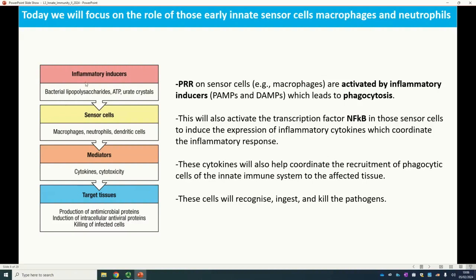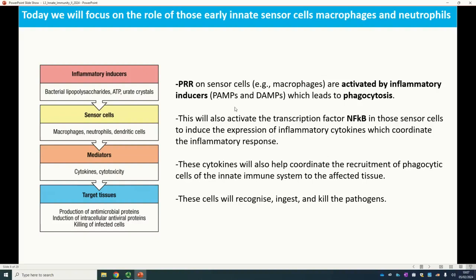This can be PAMPs, so the bacterial lipopolysaccharides, or ATP or urate crystals in the instance of DAMPs. But it's essentially these pattern recognition receptors that we have on the surface of our innate immune cells. Macrophages would be a good example. These PRRs are being induced by the PAMPs or the DAMPs, and then ultimately we'll get this phagocytosis.